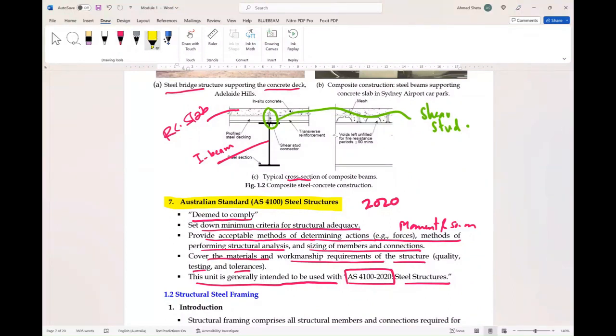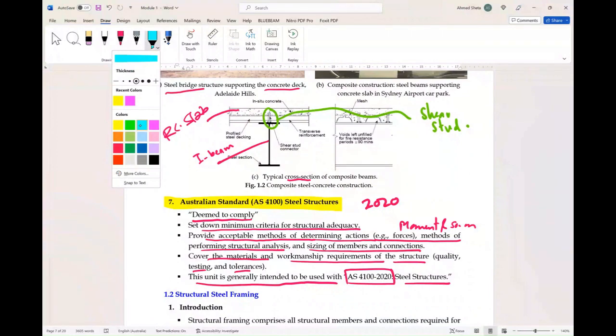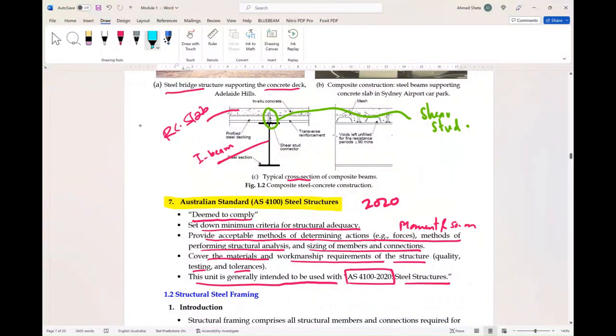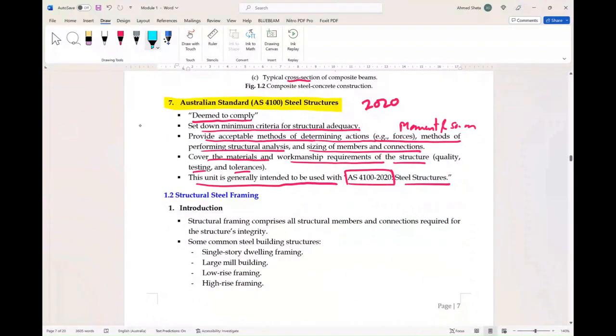Okay, now we will jump to the second part of the lecture, the second topic. Section 1.2 is steel structures, steel framing. The first point is the introduction to structural steel framing. Structural framing comprises all structural members and connections required for structural integrity.